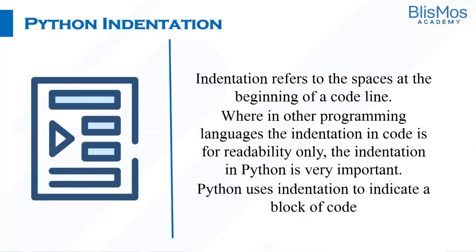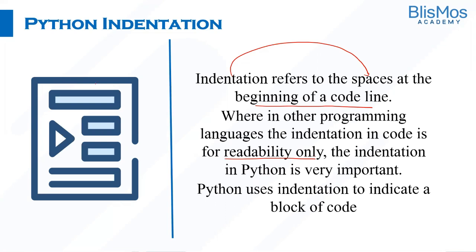Unlike other languages, in Python indentation is important. We have already touched upon this, but we'll try to see it. As we have already discussed, indentation in Python refers to the spaces at the beginning of a code line. Other programming languages use indentation for readability only.